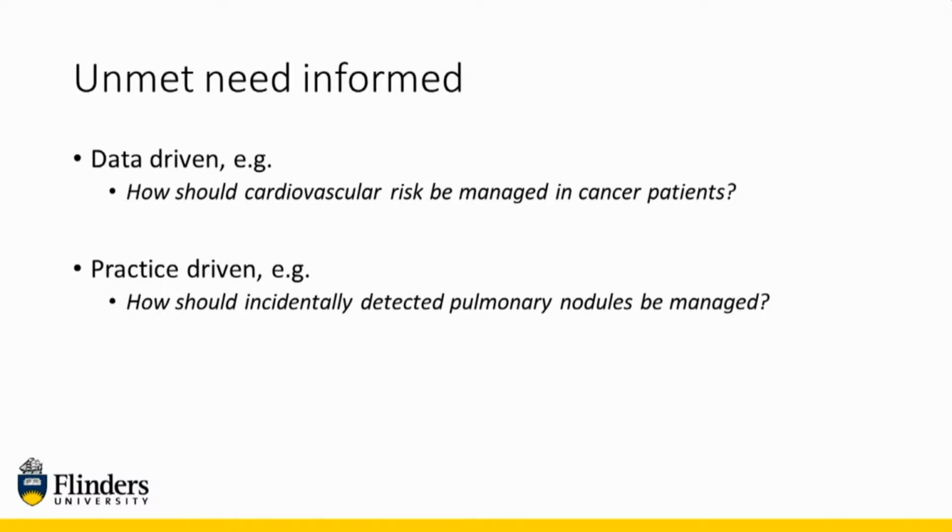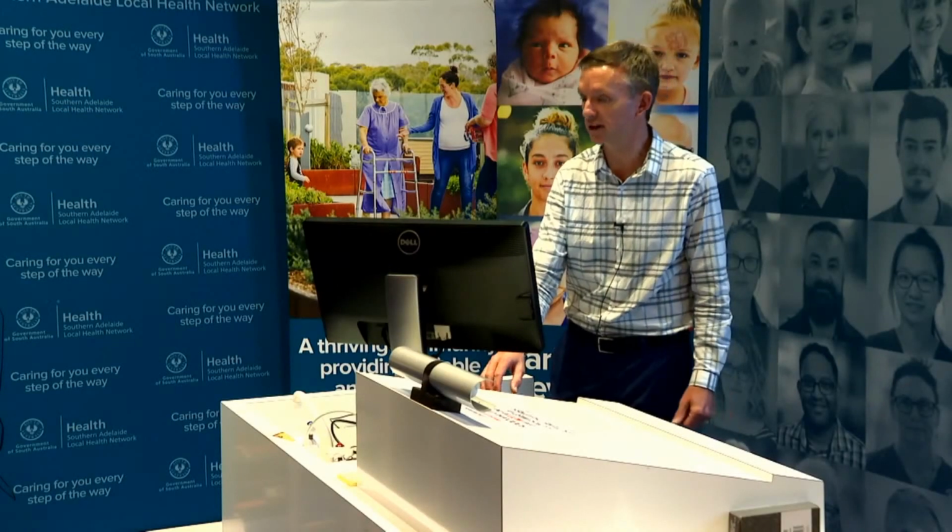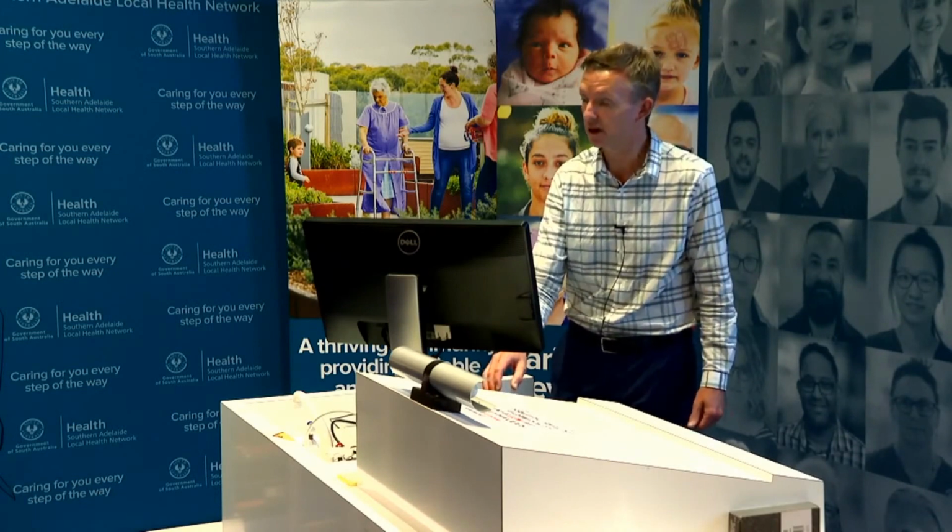And practice-driven, so just from looking at issues that arise through the delivery of healthcare here, again at Saarland, Dr. Anand Rose has identified this issue of, in the respiratory section, they're identifying incidentally detected pulmonary nodules through their imaging data. Initially they were getting these and they didn't know how to manage them, so they've developed a virtual multidisciplinary team approach to managing these incidentally detected nodules. So a range of examples of how problems can be identified that could be solved through the delivery of services in a different manner.